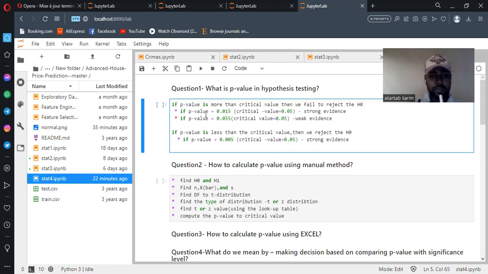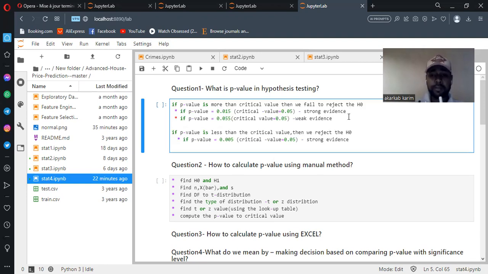If p-value is equal to 0.015, in this case, and we have this critical value of 0.05, I mean alpha, the default value here is 0.05.